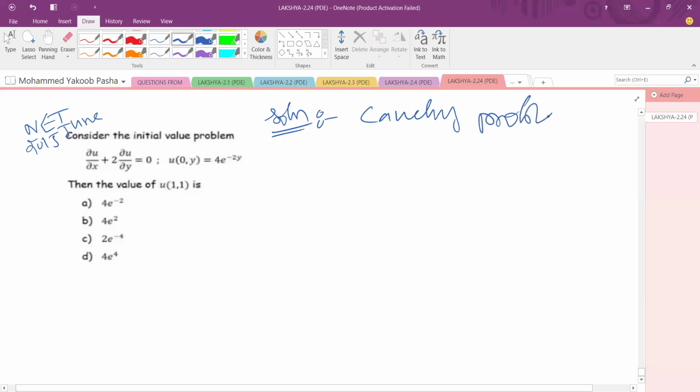Compare this equation with Pp plus Qq is equal to R. So P is the coefficient of dou U by dou X, which is 1, Q is the coefficient of dou U by dou Y, which is 2, and R is the right side value, which is 0. Now take the Lagrange's auxiliary equations.